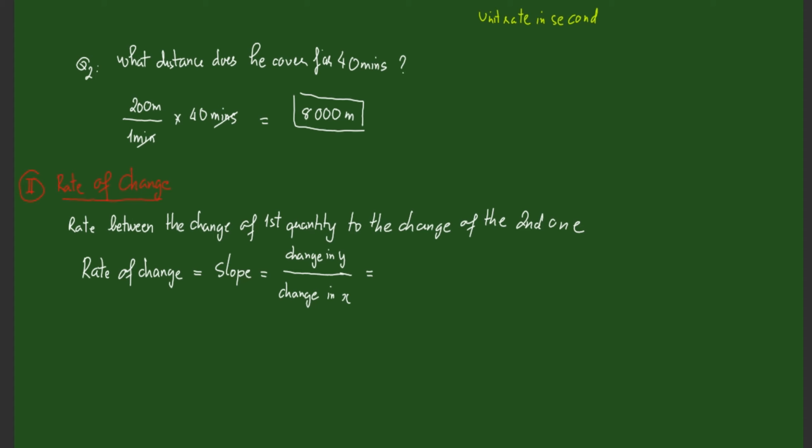So I can name it y2 minus y1, where this is the new value and this is the old value, over x2 minus x1. I want you to memorize this formula. That's what the slope means. It's the rate of change.